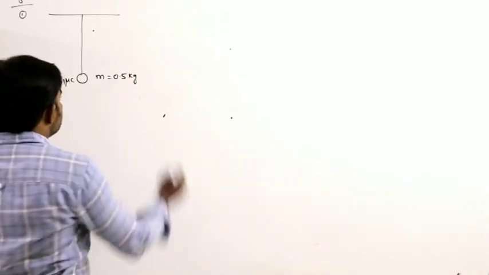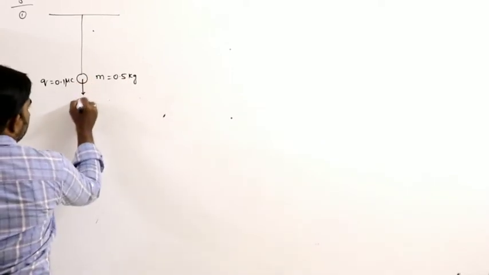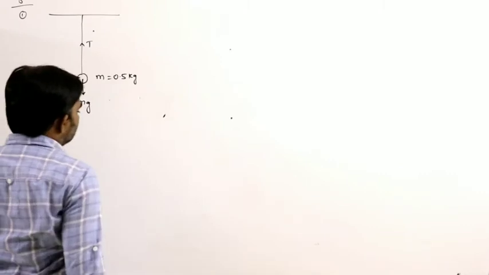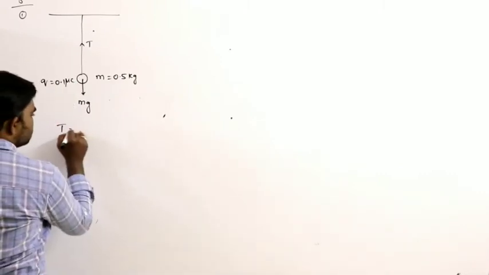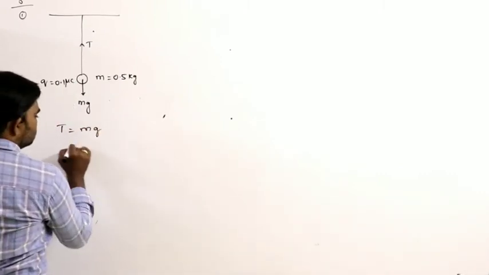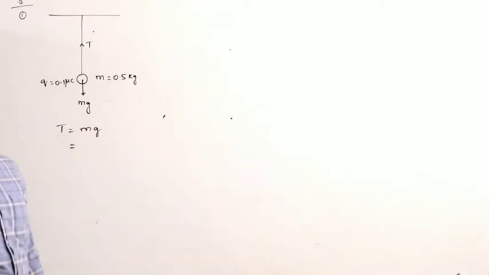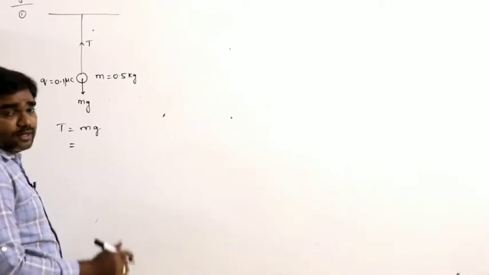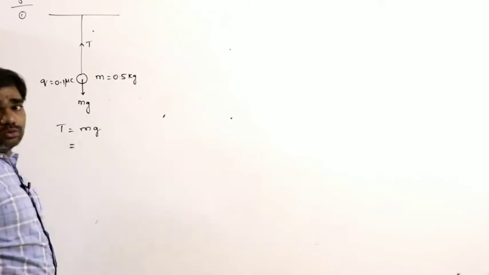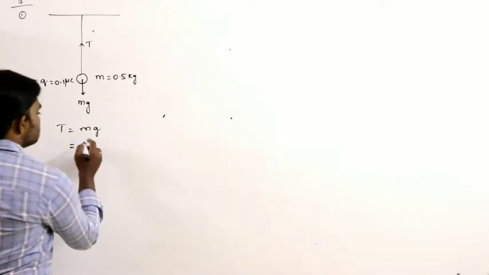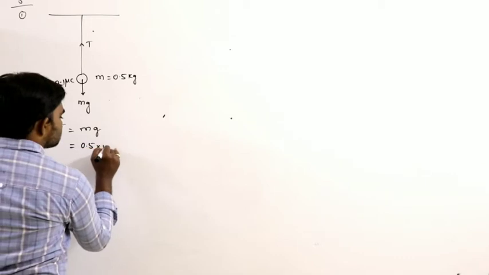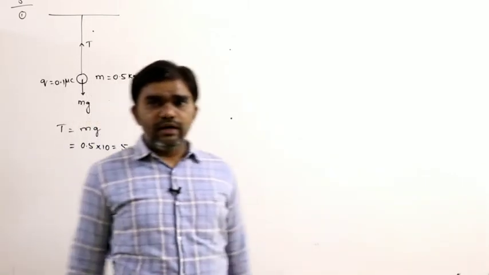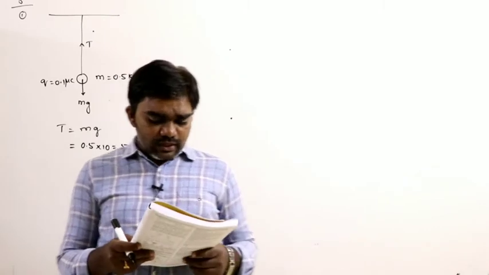In this first condition, the weight of the bob is acting downwards and the tensional force upwards. Initially what is the tension? Nothing but mg, because there is no other force acting here, there is no electric field. So T equals mg. Mass is 0.5 and g is considered as 10, then that is 5 newtons tension. Next, what is the situation?